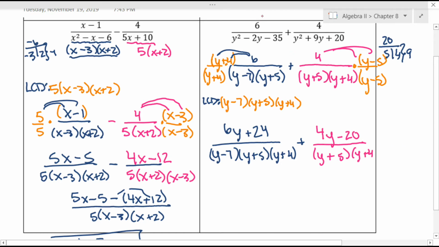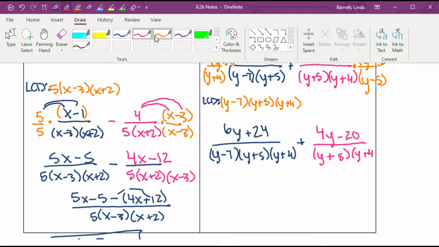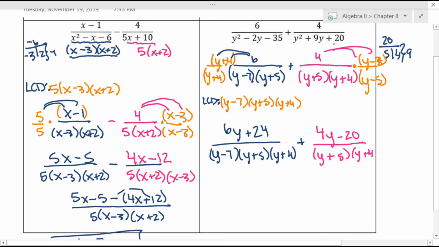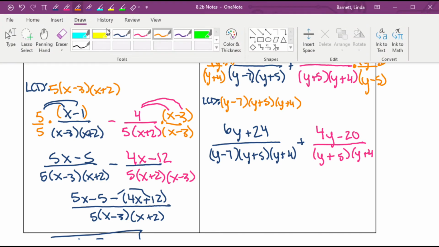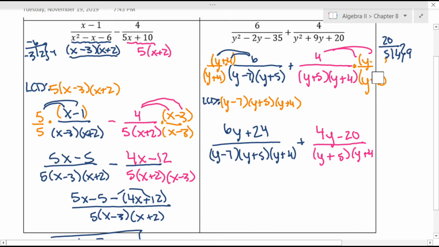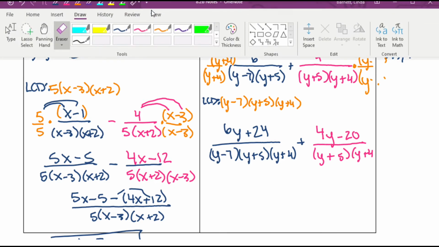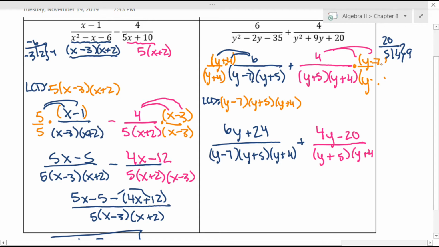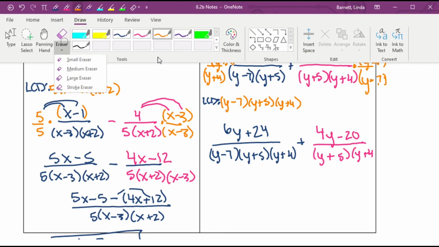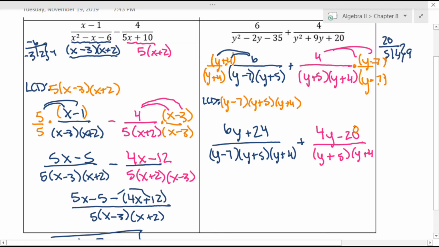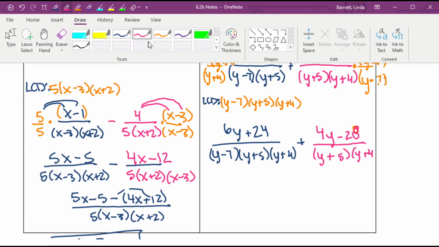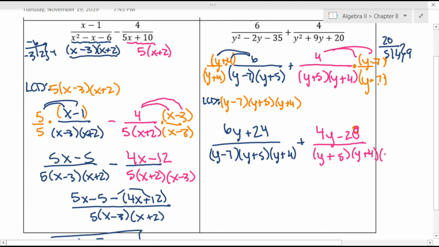I should have multiplied by y minus 7 over here. I'm not redoing the video. Y minus 7 and y minus 7. So then I get 4y minus 28 instead of 20. And then this would be y minus 7.